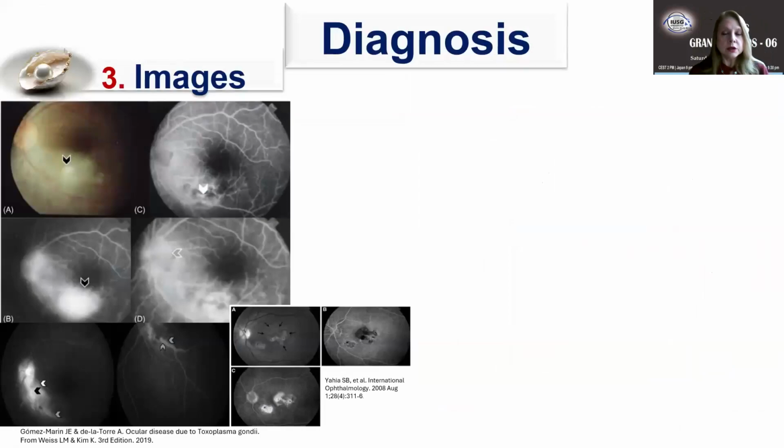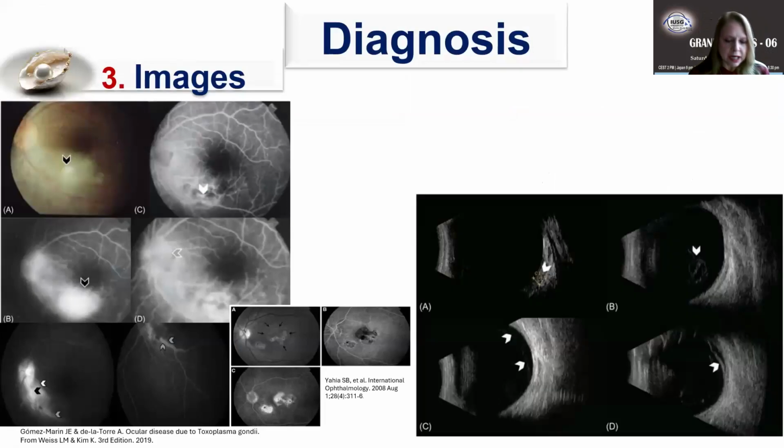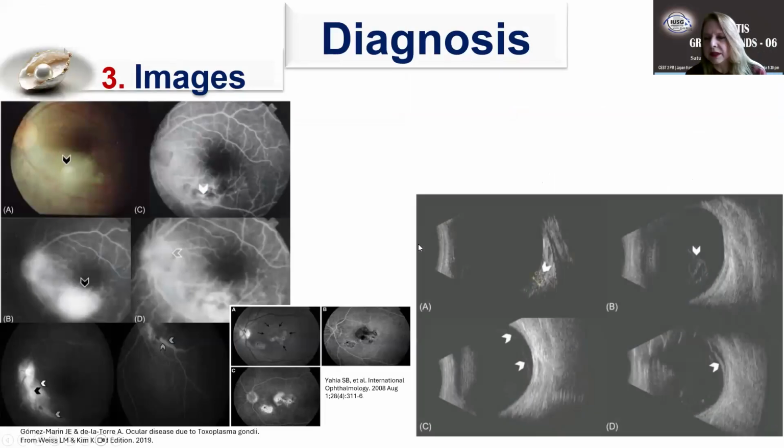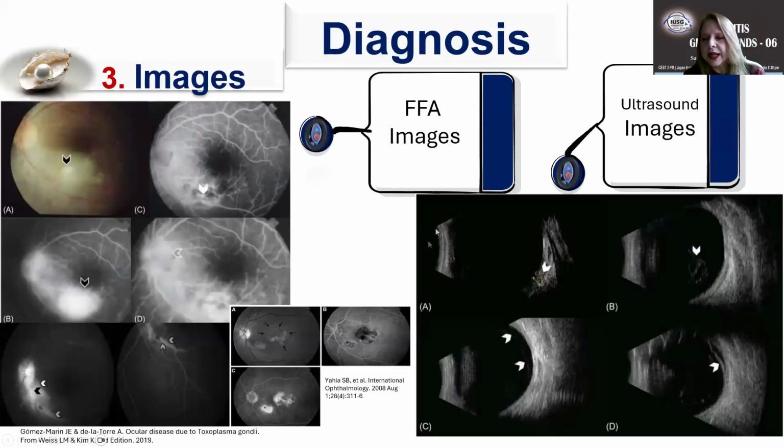Another important clue for the diagnosis are images that can reveal the activity of the lesions or some additional findings, such as, for example, here, papillitis. There is vitreous haze or cataract.